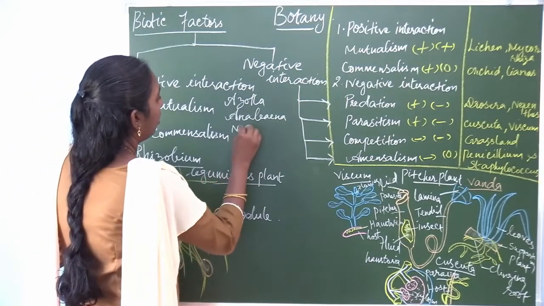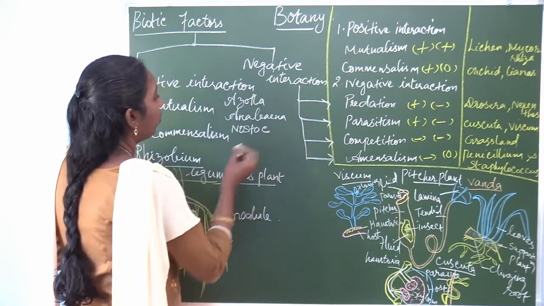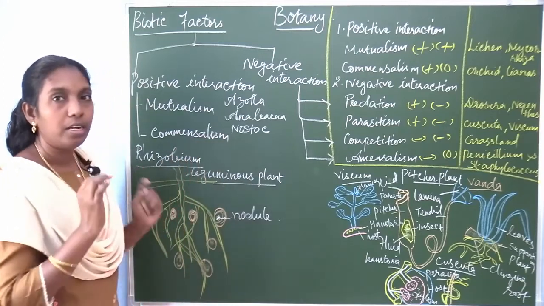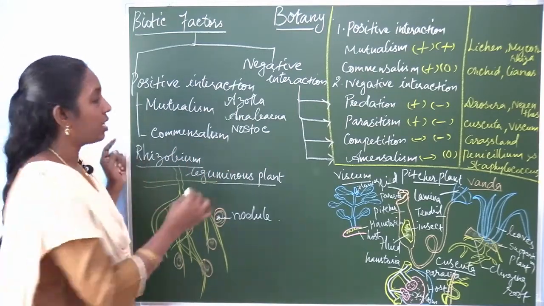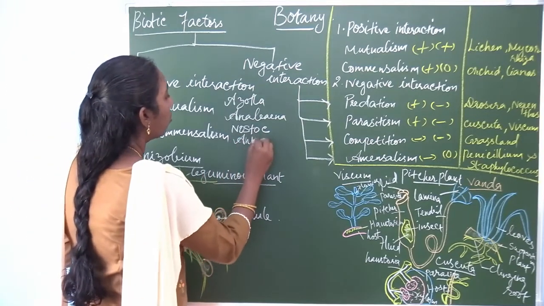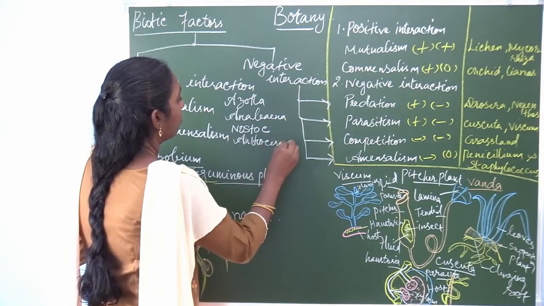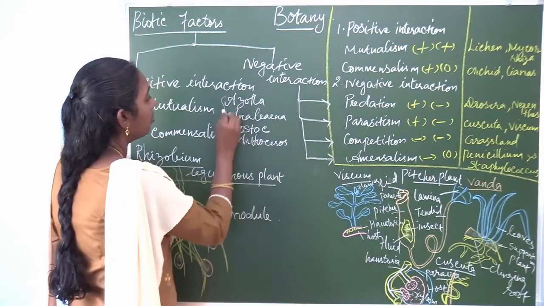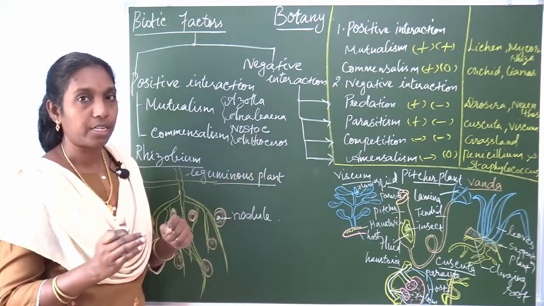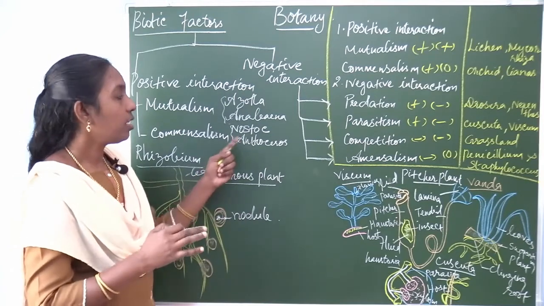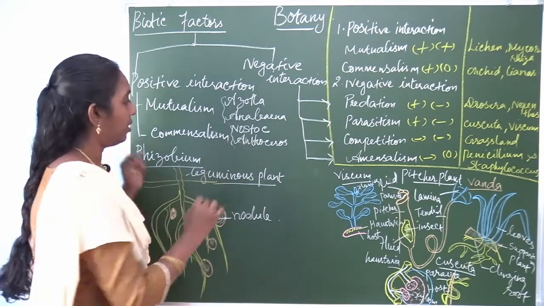Nostoc is also one of the cyanobacteria, and Anthoceros is a bryophyte. So Nostoc and Anthoceros have a mutual relationship, where it fixes nitrogen, and both are mutually benefited.